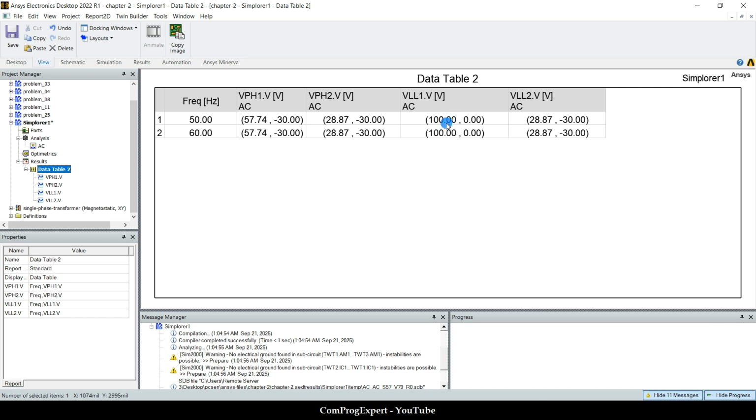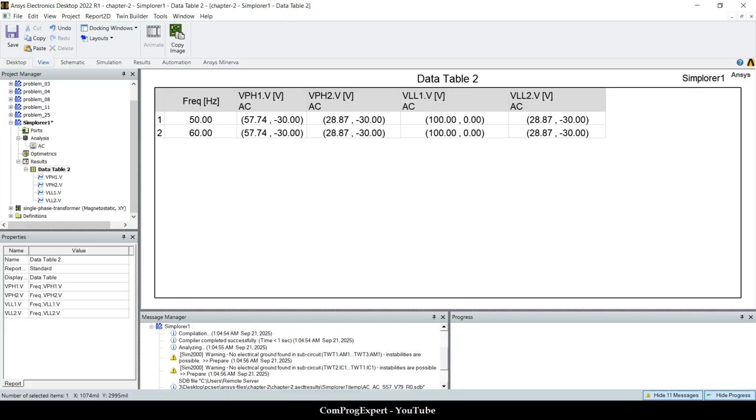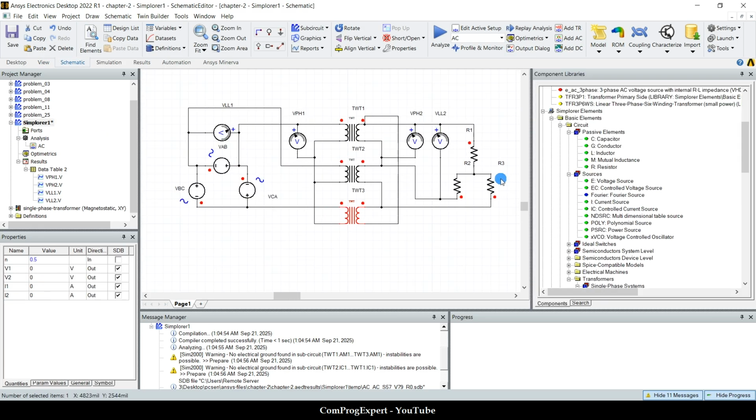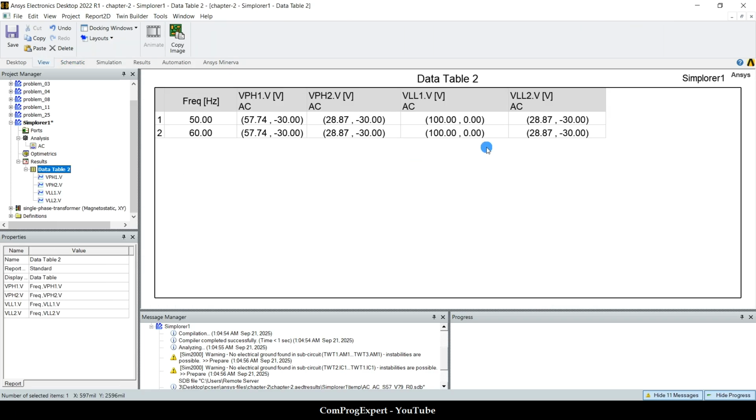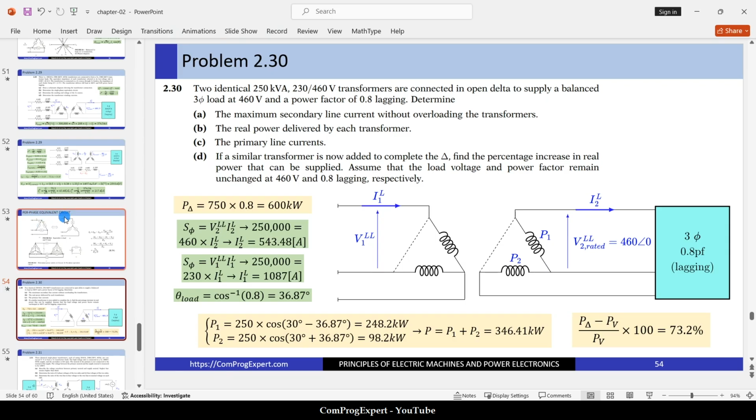Here is 100 divided by SQRT3, which is 57.7, divided by 2, 28.8. Yes, this number. So we can do this kind of simulations and check the angles, the phase shifts between the primary and secondary.